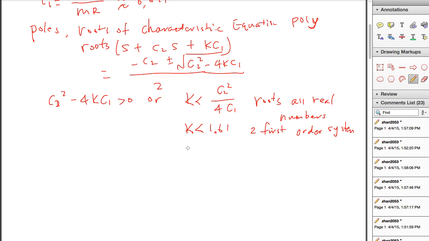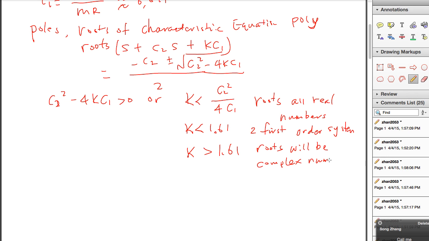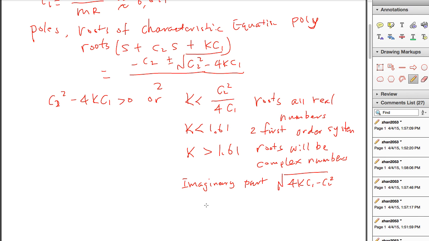Then obviously if K is larger than this 1.61, the roots will be complex numbers. The imaginary part will be the square root of 4 K C1 minus C2 squared, divided by 2, and the real part will be negative C2 divided by 2, right?